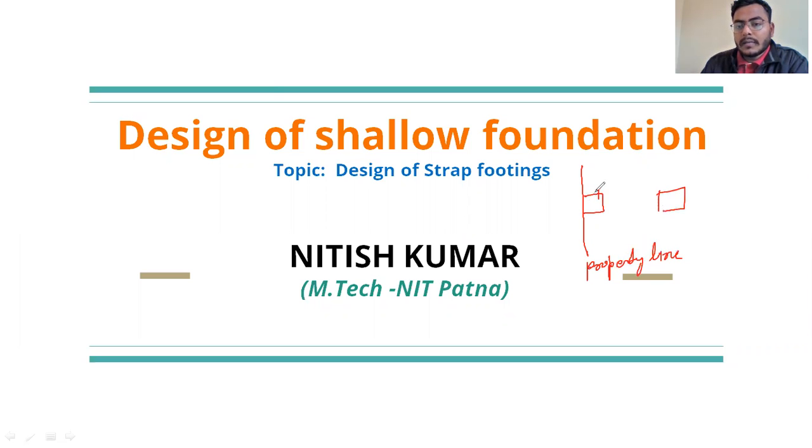One column is here, Q1, Q2, and here the total resultant load is coming. The distance of the total resultant load from the exterior face of the exterior column is X dash. Suppose this X dash is less than L by 3. In this case, we can go for the design of a strap footing.